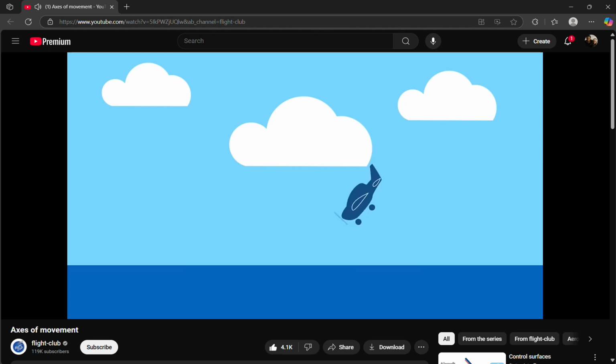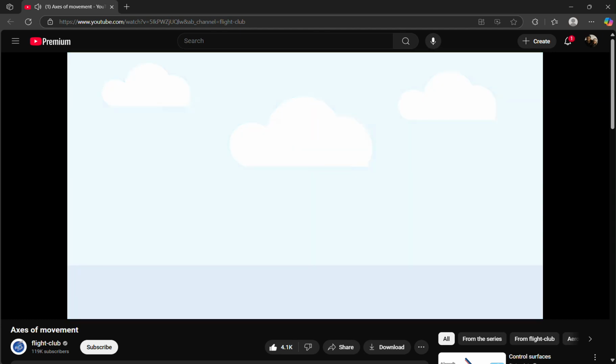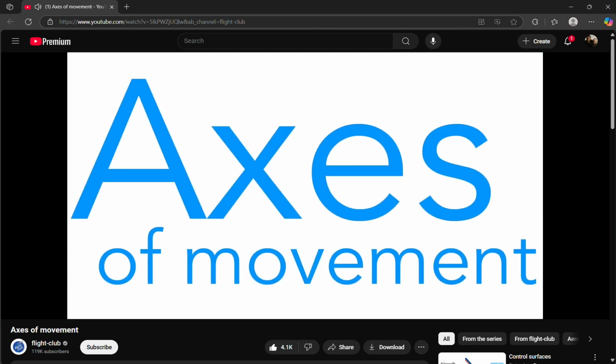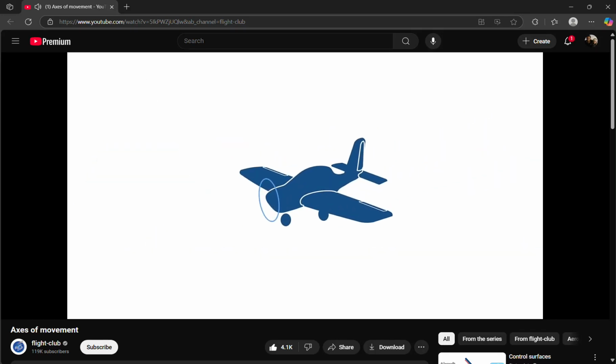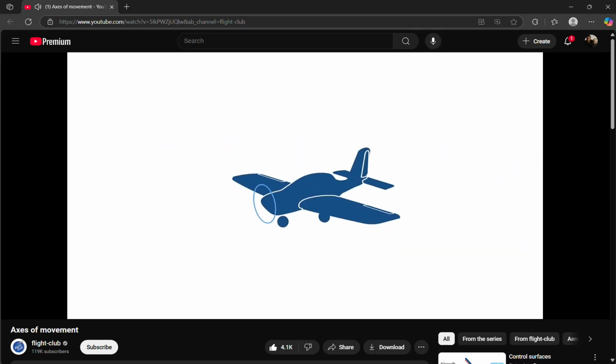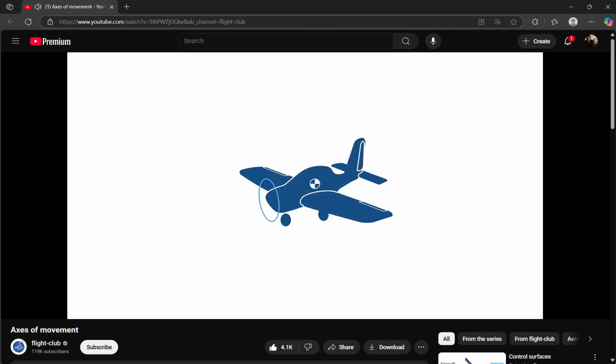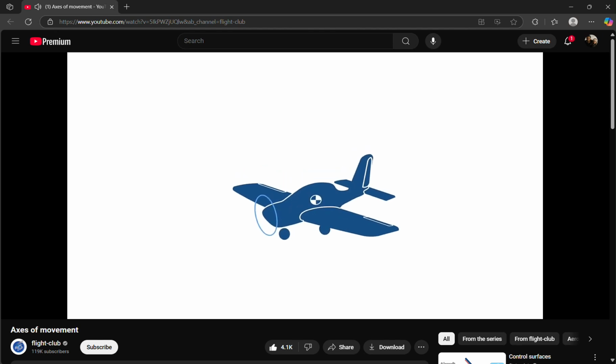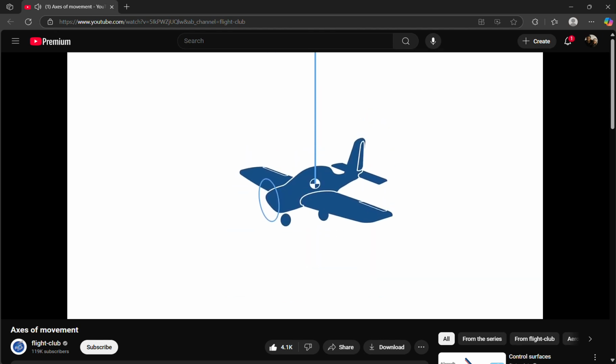An aircraft is an amazing machine, capable of flying in any direction by rotating about in 3 dimensions. These are called axes of movement. The average location of an aircraft's mass is a point that is called the centre of gravity. So if you suspend an aircraft from the centre of gravity by a line like this, the aircraft remains perfectly balanced.